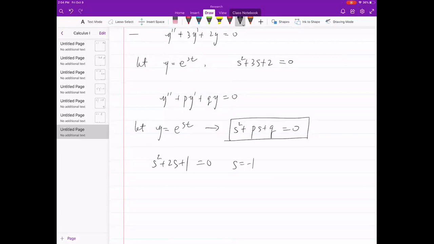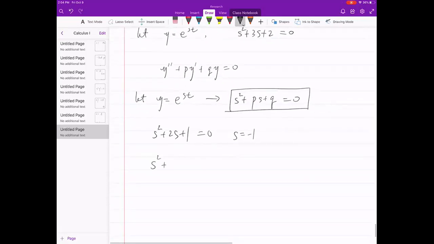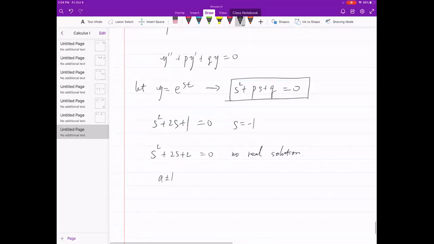Still okay? Number 3, it's also possible that if you do this, there's no real solution. It's possible. Okay. So what do you have instead? You have a plus and minus bi, complex roots.